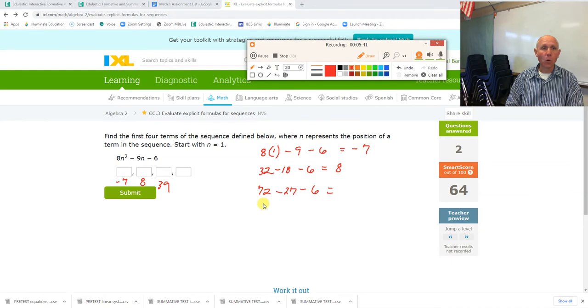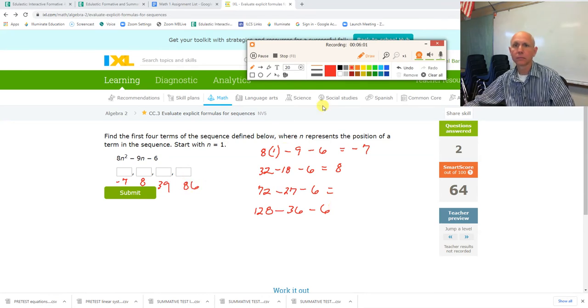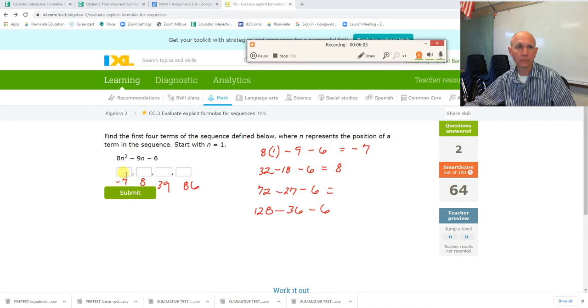Plugging in a 4, so 4 squared is 16. 8 times 16 is 128. 128 minus 9 times 4, so minus 36, minus 6 is 86. Negative 7, 8, 39, 86.